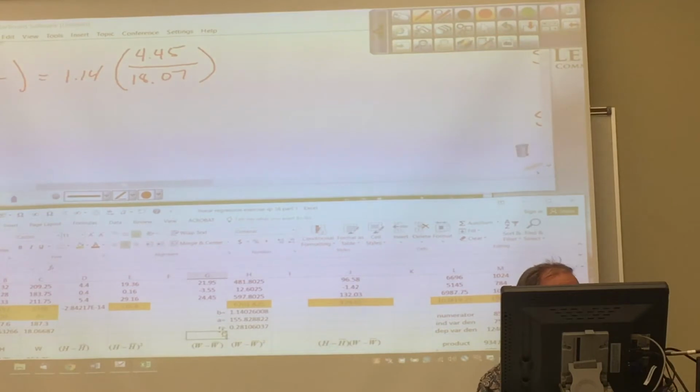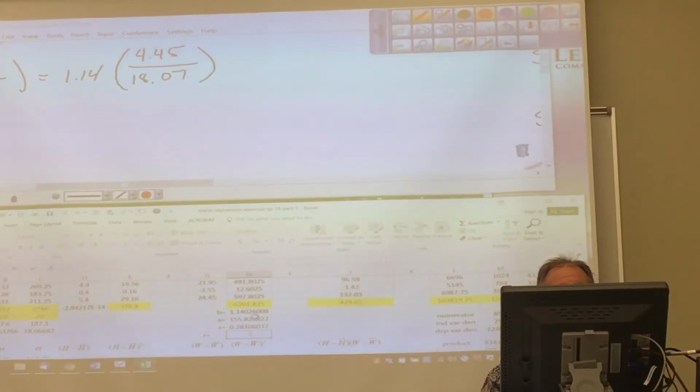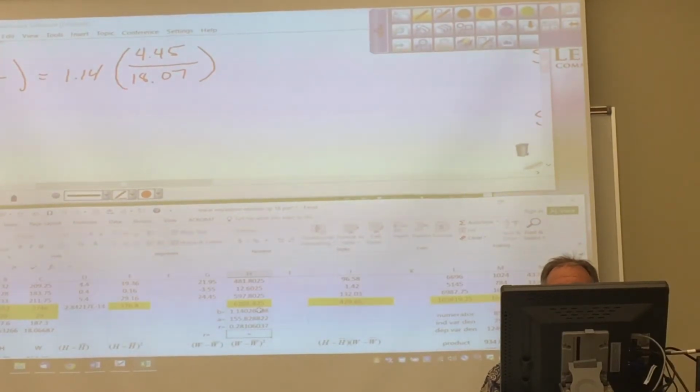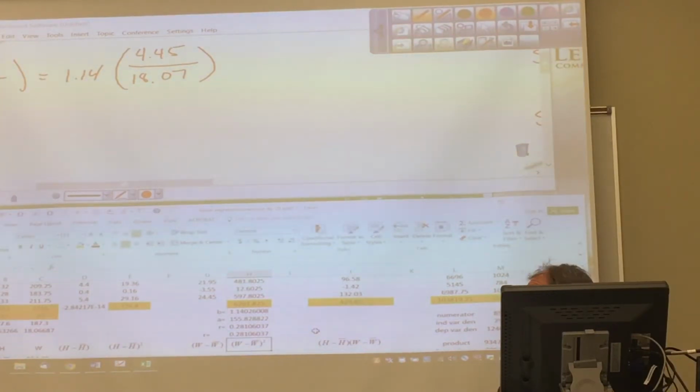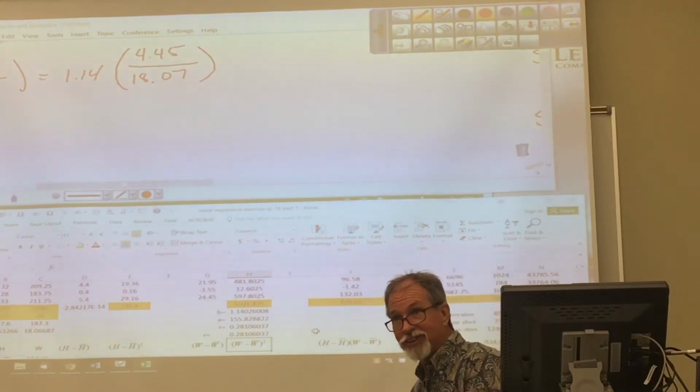So the alternative method for calculating your R is to take your B, which is in box H47, and multiply it by your standard deviation of X divided by the standard deviation of Y, which in this case is W, and you see that you get the exact same answer.